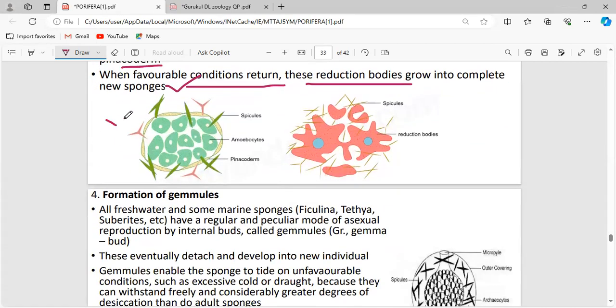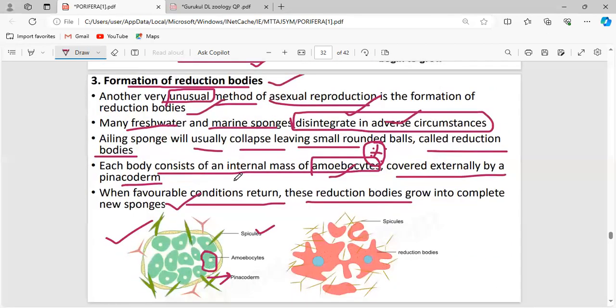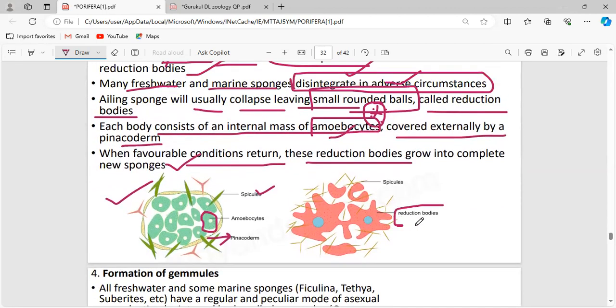See, this is a correct, mature sponge. See how it looks. There is a spicule. There are amoebocytes. This is the outer layer, the pinacocytes. Now, during an adverse condition, this sponge will collapse, and it looks like small rounded bodies, and these rounded bodies are called reduction bodies.